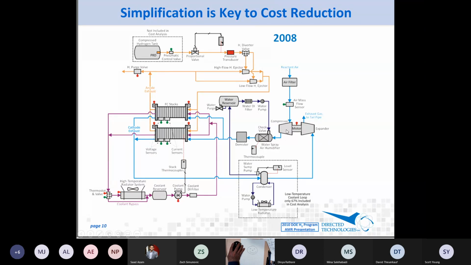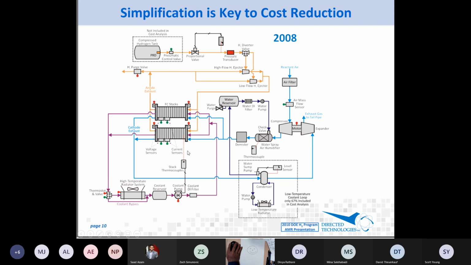They've got a compressor here to compress the air, which is coming in. Then it goes into a demister, and then the air goes into the fuel cell stack. So here, it looks like they're humidifying the air side, right? I don't see any humidification at all of the hydrogen side, which doesn't make much sense.